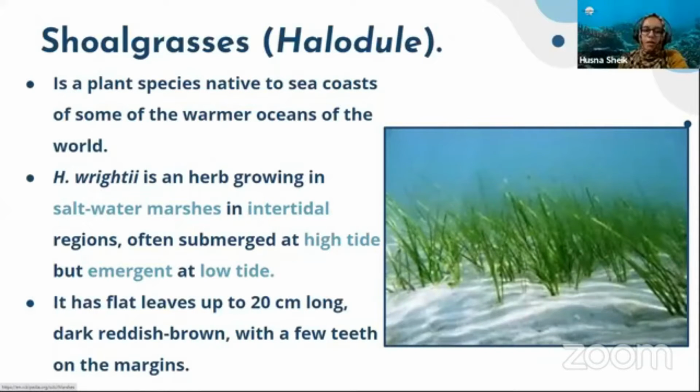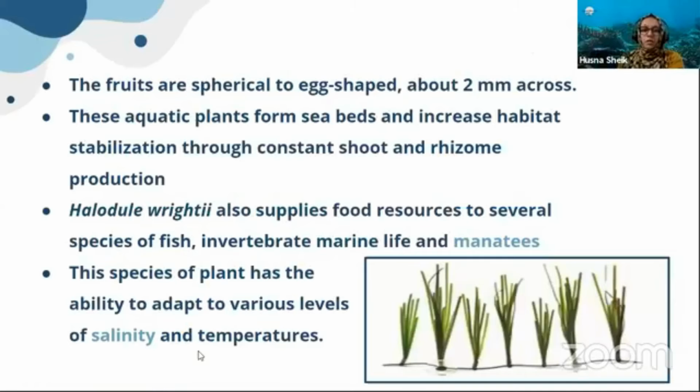When it's low tide, they are exposed. They have flat leaves up to 20 centimeters long, dark reddish brown, with a few teeth on the margins, a little serrated. And here you can see they have fruit, which is spherical to egg shaped, about 2 millimeters across, very small.